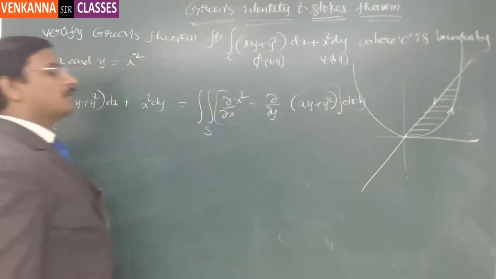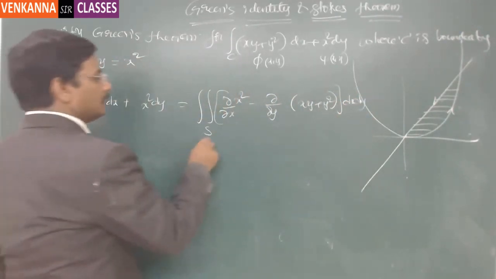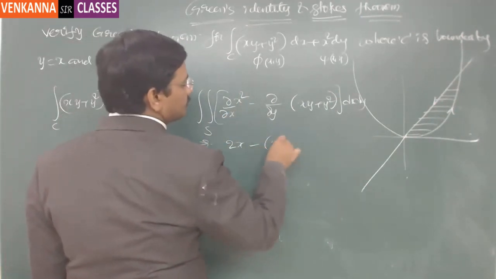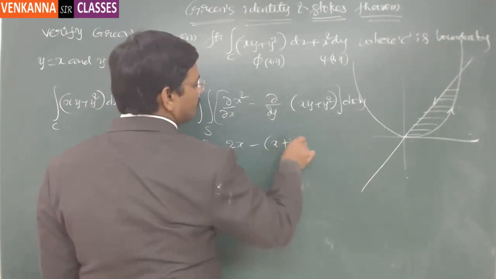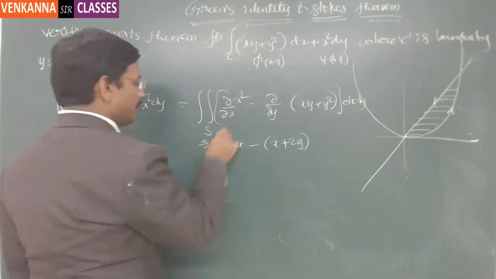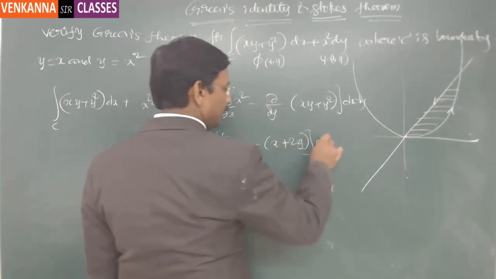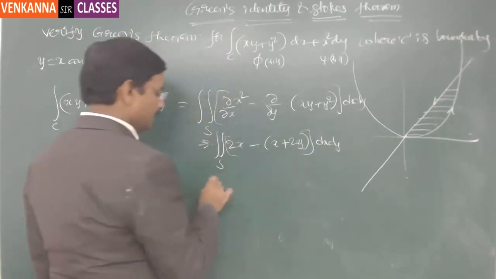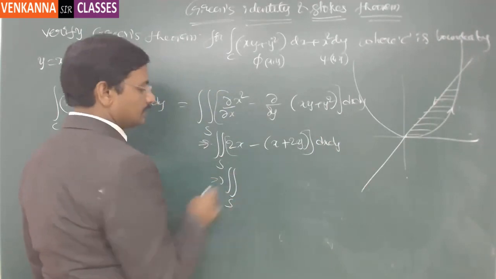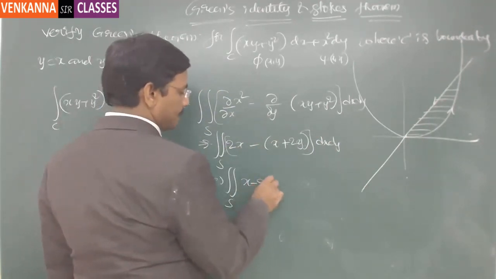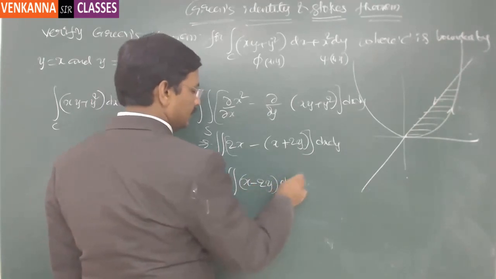So these two should be equal. That's what it states. Now this is 2x minus x minus 2y, so the double integral over the surface S of (x minus 2y) dx dy.